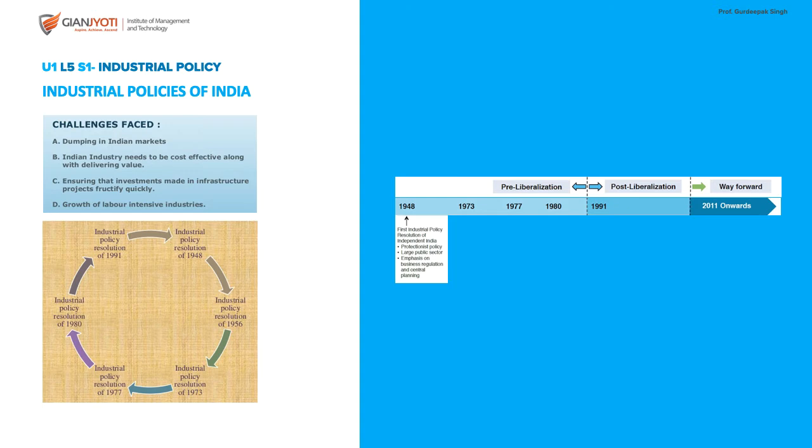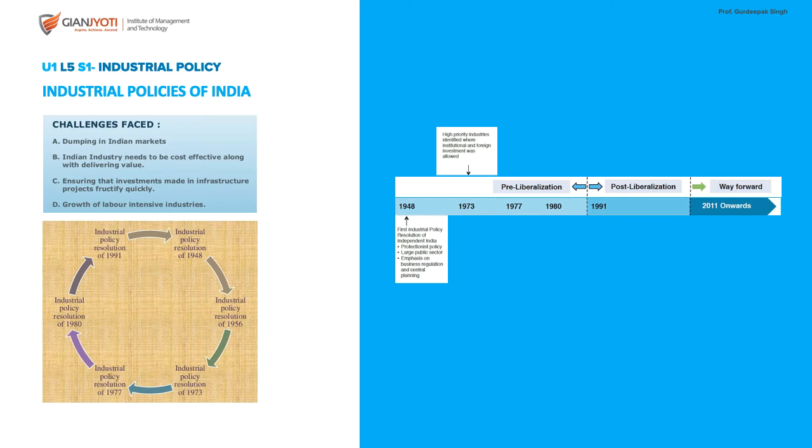Second, we wanted the public sector to take up all the infrastructural projects, and a very strong public sector working for the welfare of the people. And third, we wanted to set the regulations in place for businesses to work in India. So we framed the policy around these three things.